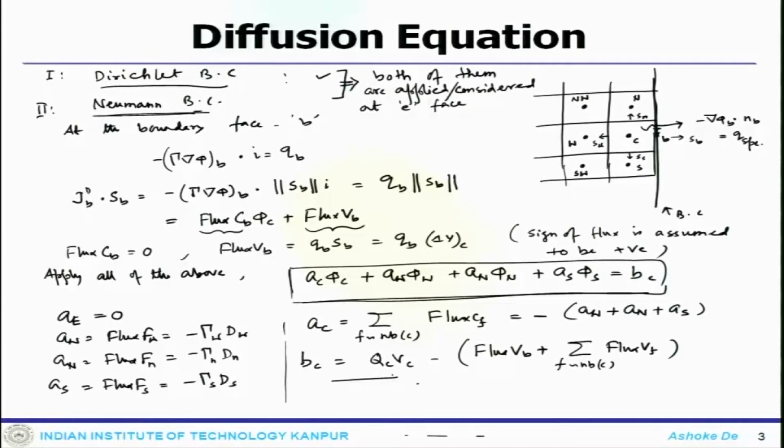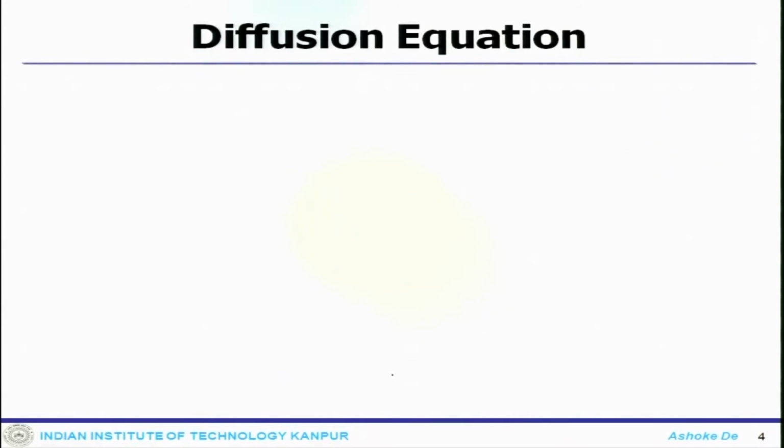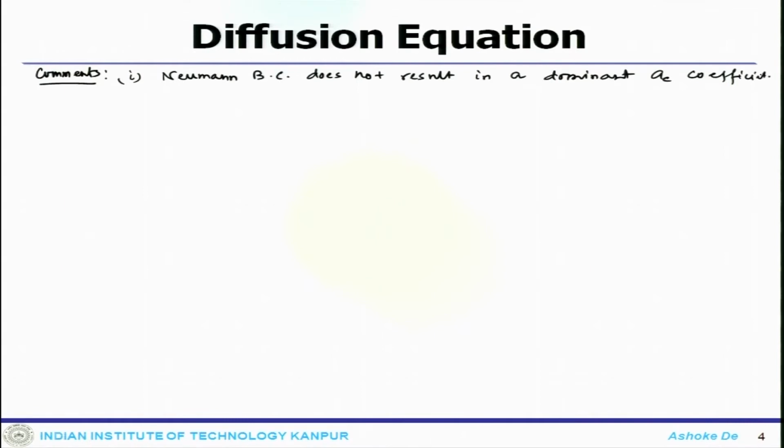Now, there are a few important comments or observations for these things. One of the important observations is that this Neumann boundary condition does not result in a dominant AC coefficient. That is a very important observation.